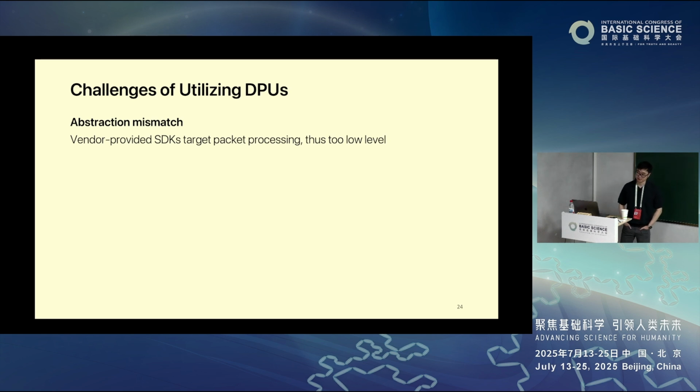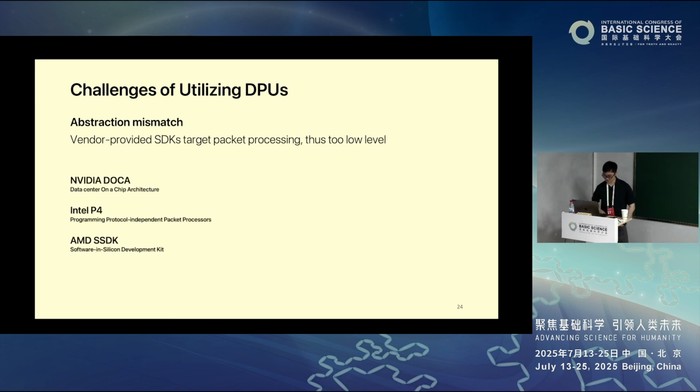DPUs are essentially smart NICs, designed for packet processing, not for database systems. So the SDKs provided by vendors are not for data processing.